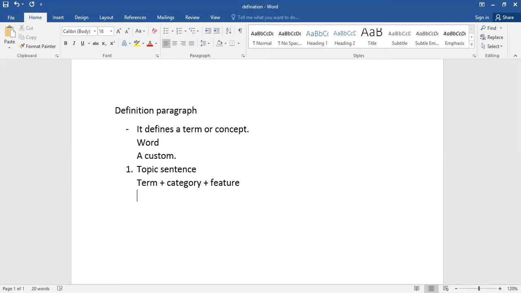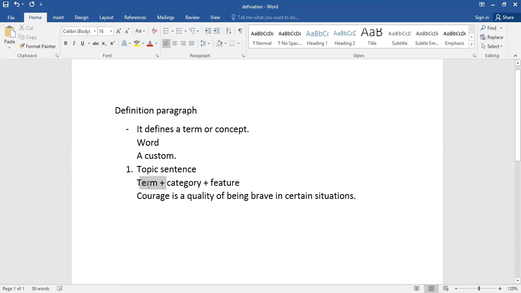For example, courage. Courage is a quality of being brave, being brave, which is more meaningful in certain situations.